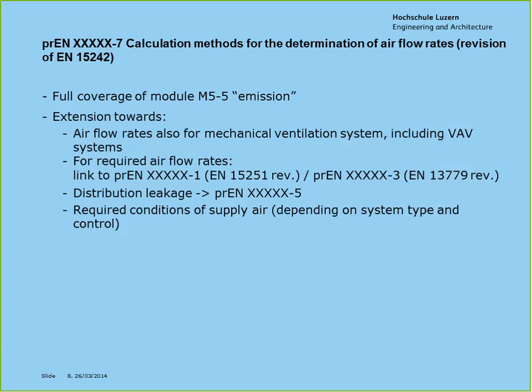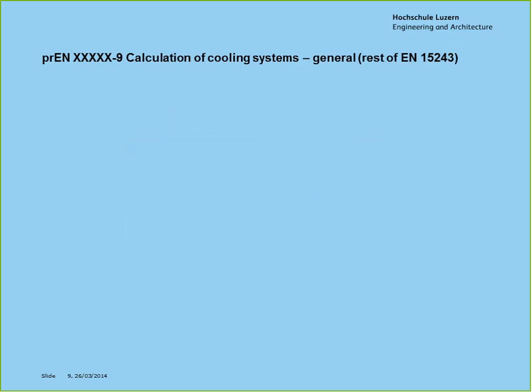It covers now not only natural ventilation by windows and vents and so forth, but also mechanical ventilation. Maybe also the conditions of supply air will be determined here in this standard and reported to the other standard. Then I go to cooling systems.